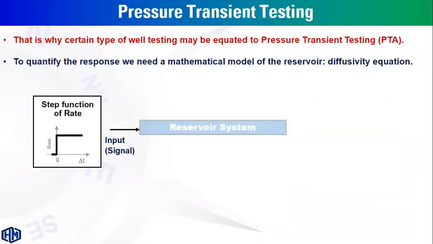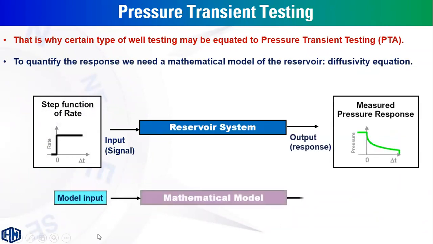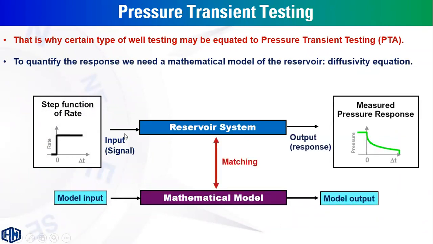So simply in PTA, we will have a step function of rate, which is the input signal to the reservoir system. Meanwhile, by downhole recorded data, you will measure the pressure response.